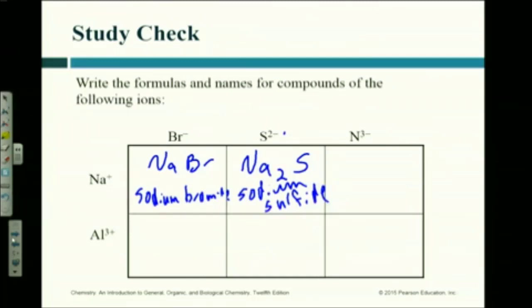Okay. Now for this one, this is 3 minus, so it takes 3 sodiums, right? Na3N. Still sodium nitride. Okay.